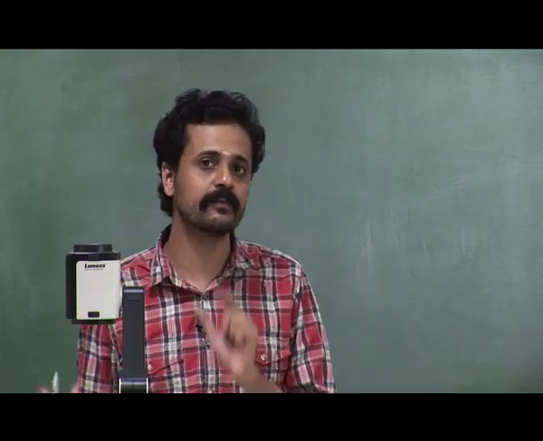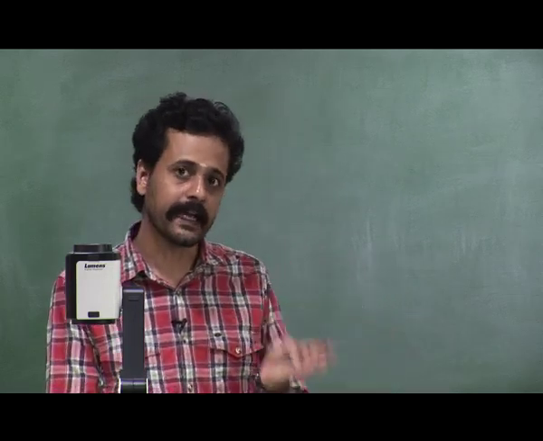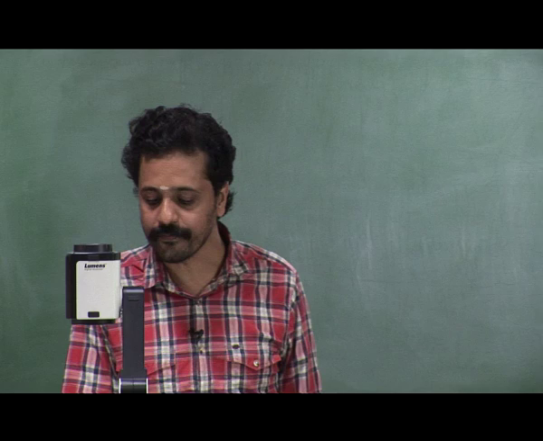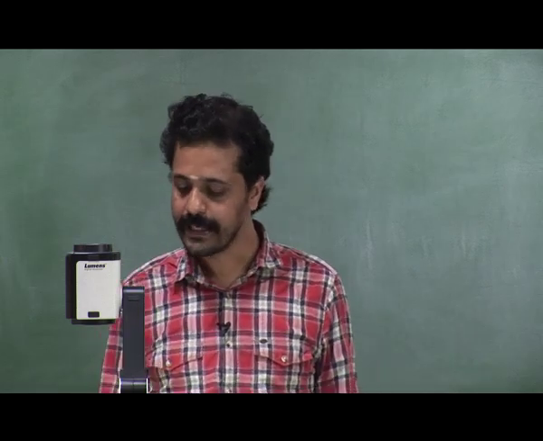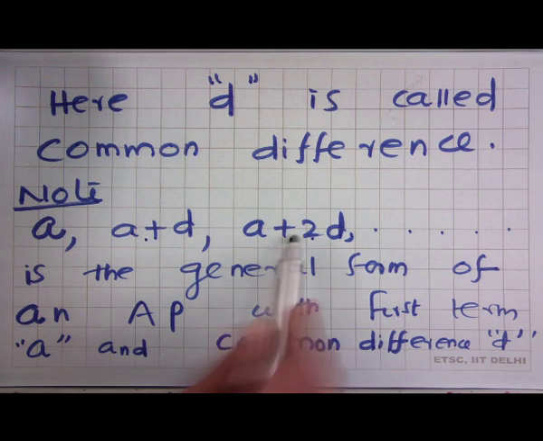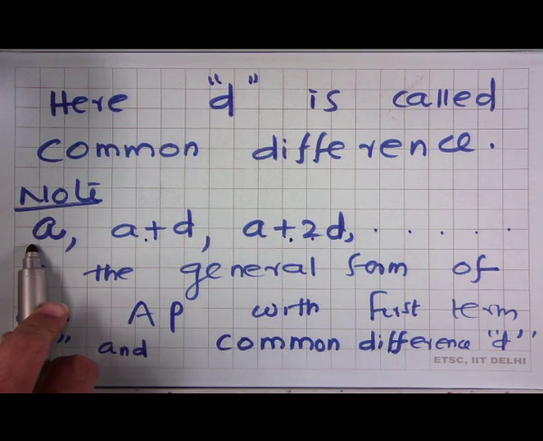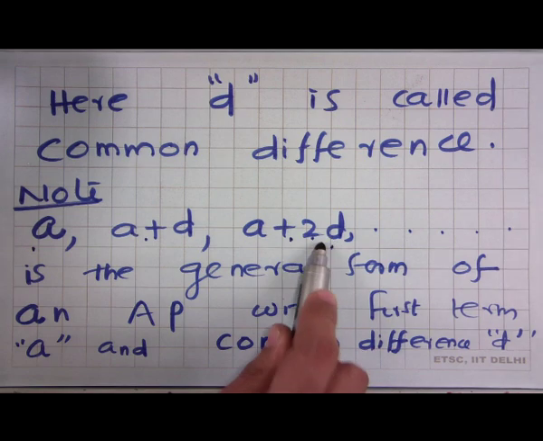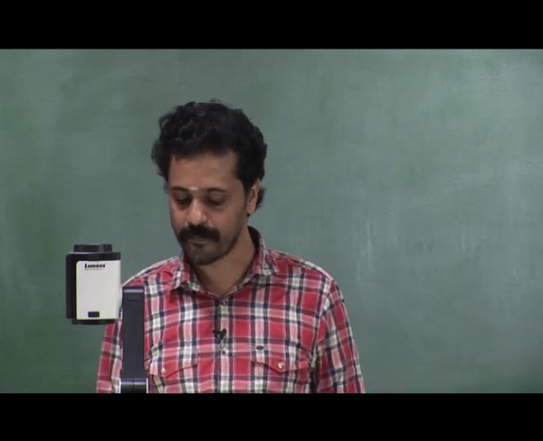If there are n terms, there are n minus 1 common differences, and the nth term can be obtained from the first term by adding these n minus 1 common differences. The third term can be obtained from the first term by adding 2d, which is 2 common differences when we move from the first term to the third term.